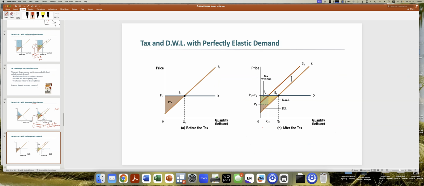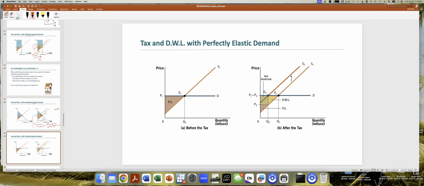And so we can look at it from another perspective. What if the good instead is perfectly elastic? That would be like a particular brand of produce or whatnot. Do you really care that it came from a particular farm? Most people wouldn't.